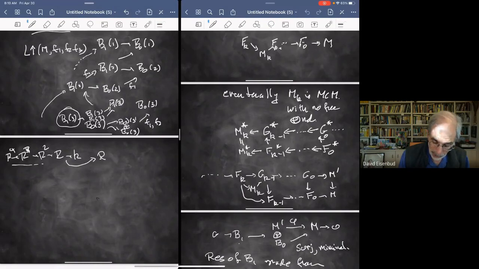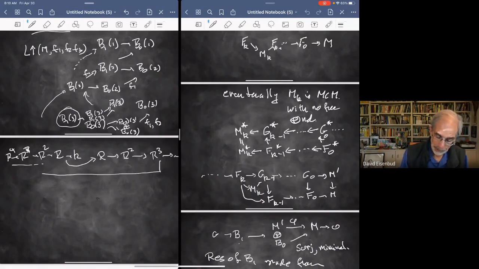And the way this construction works, it can't possibly be minimal if you apply it to this module.